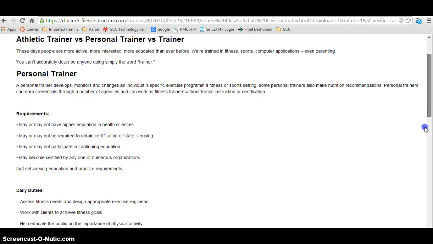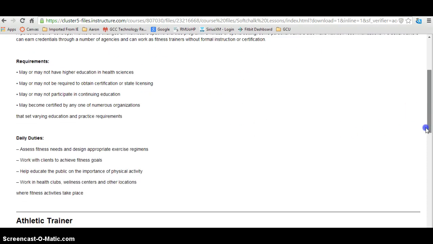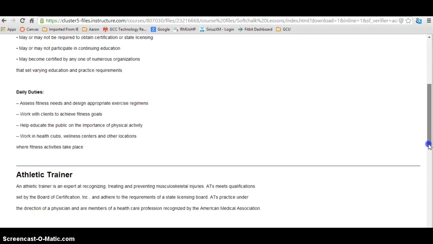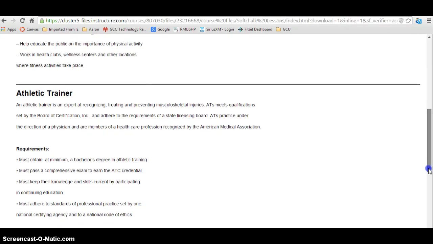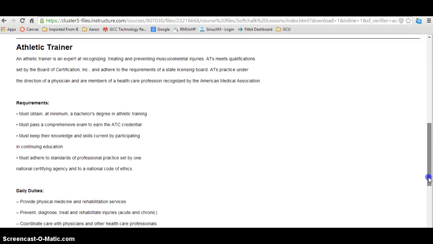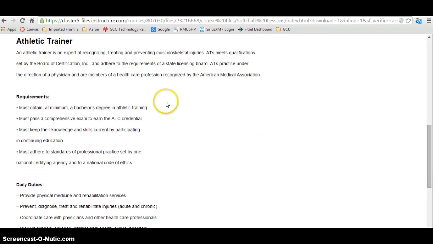Just know that if you're in the personal training track, that does not allow you to sit for an athletic training exam. You'll need to continue on to one of those accredited programs. So again, take a look at that sheet if you're interested in the difference between athletic training and personal training. Athletic training specifically requires a bachelor's degree at a minimum, if not a master's degree. We have a comprehensive certification exam.